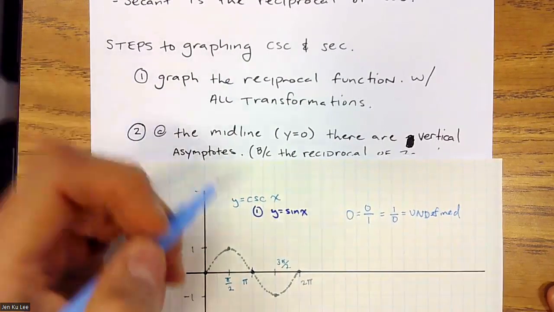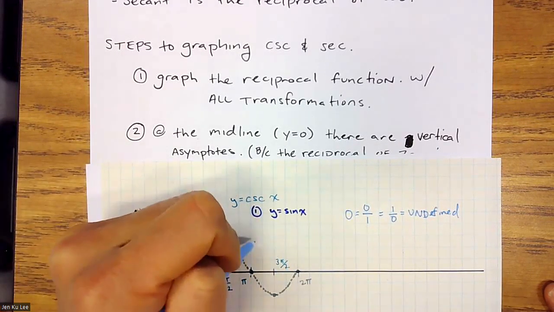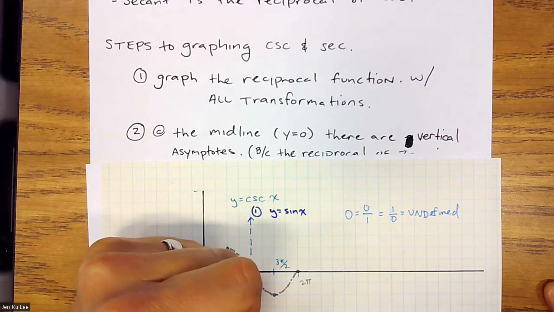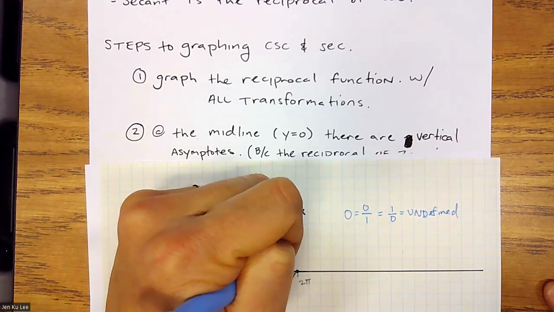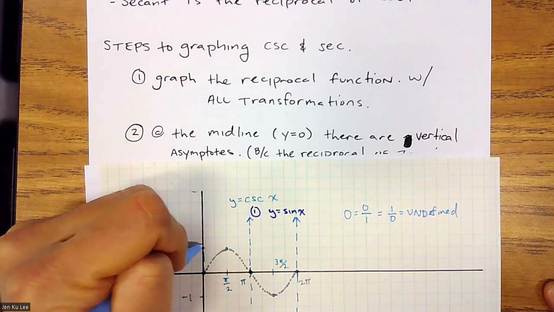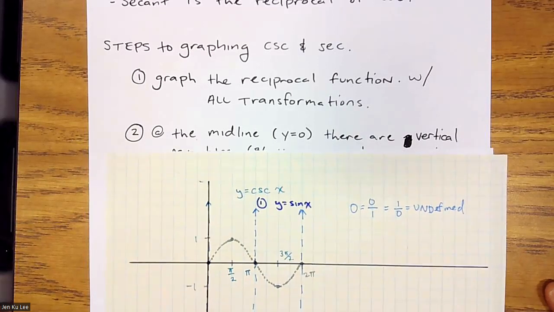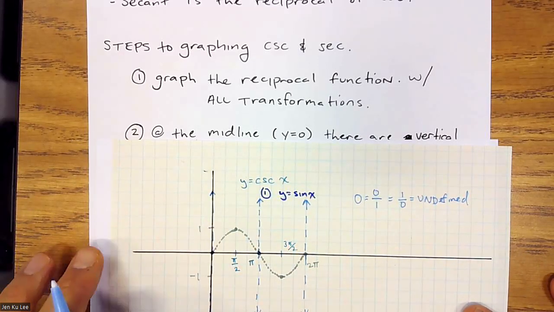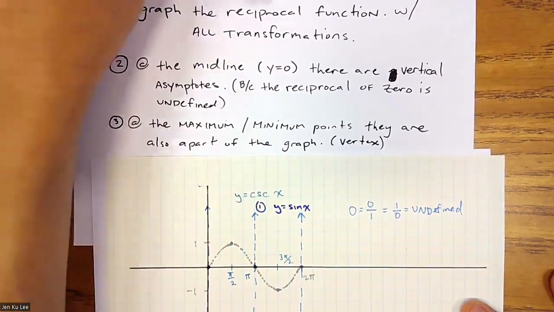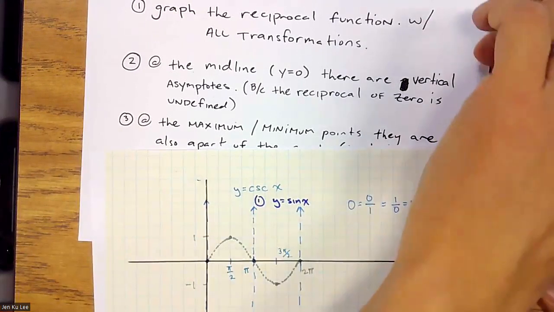Wherever your sine function equals 0, there's going to be a vertical asymptote, because it's undefined. There is no value here. So we get our midline and draw these vertical asymptotes. There are 3 vertical asymptotes in one period. At the minimum or maximum points, they are points on the graph.